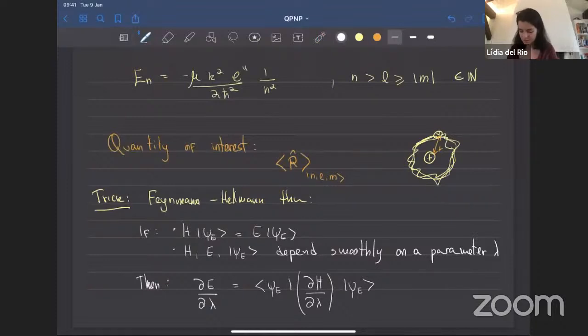And you think, okay, why is this useful? I'll give you now first an example of why it's useful in this case to compute the radius, and then we'll prove this in general.